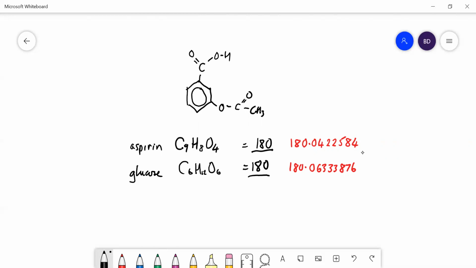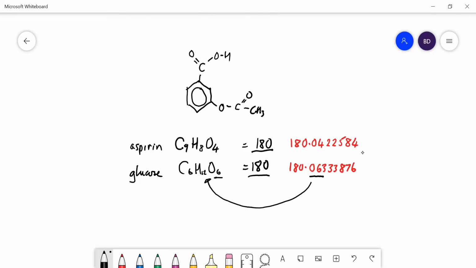But if you look at it accurately, you can see the values are slightly different, and glucose is a bit on the heavier side. Again, the reason for that is because it's got quite a lot of hydrogen in there, and hydrogen is disproportionately heavier. It has got more oxygens, which are a bit on the light side, since oxygen-16 is actually 15.99, but having all those hydrogens makes it a little bit heavier than the aspirin.